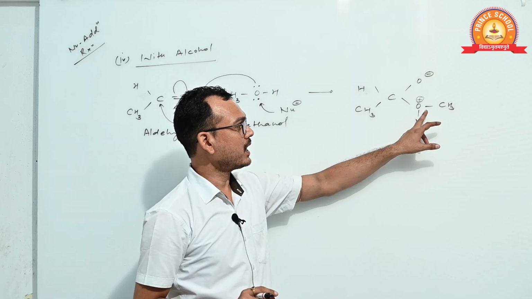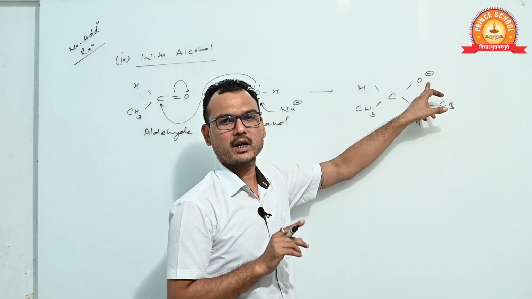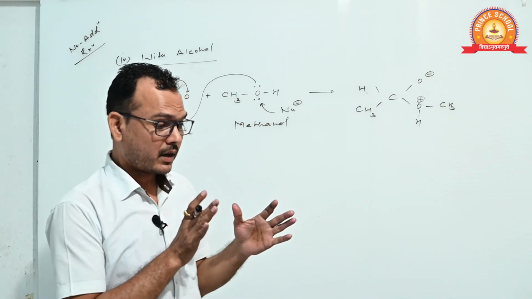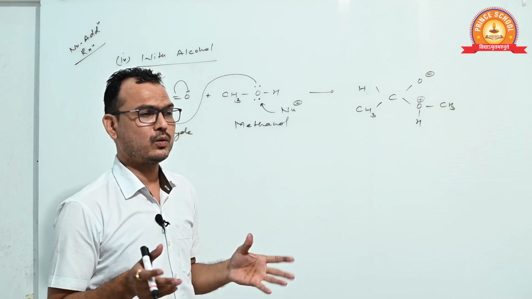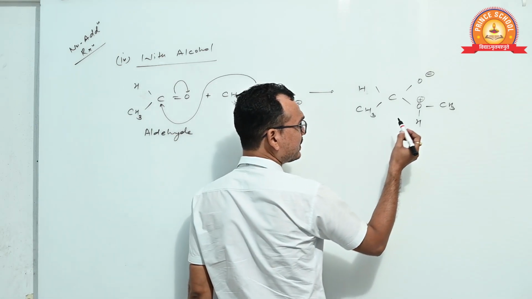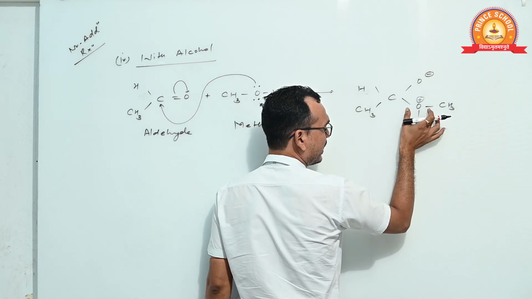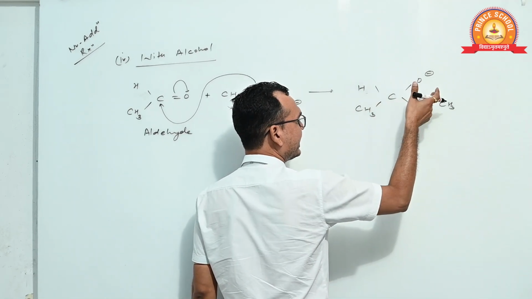This is not the ideal form of this oxygen, and this is also not the ideal form of this oxygen atom. We know that in ideal form, oxygen is bivalent and contains two lone pairs of electrons. It means it can easily give one H plus and get its ideal condition.